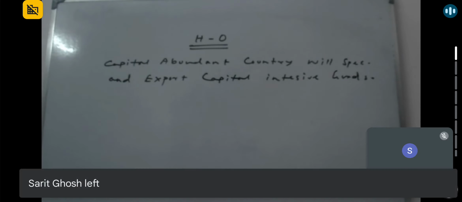And a labor abundant country will specialize and export labor intensive goods. So this is the basic statement of the HO model.